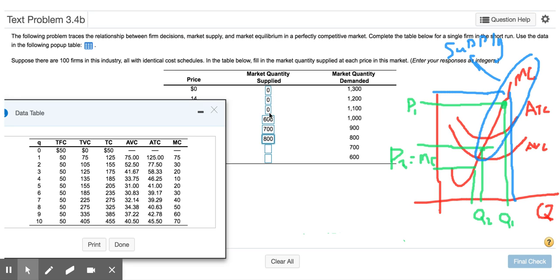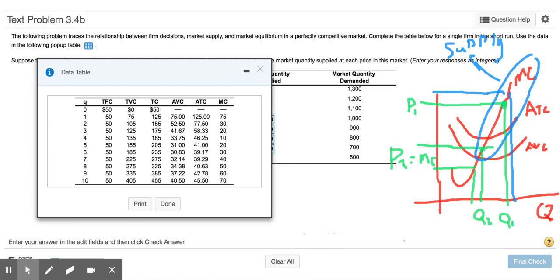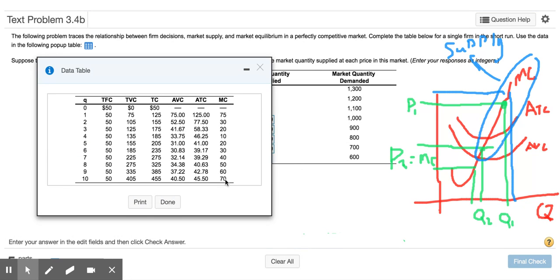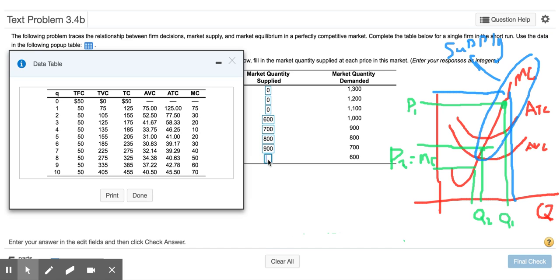Why should these companies be producing zeros? So I'm going to write here 900, and finally, when the price is 74, this company should be producing 10. 100 companies should be producing 1,000. And again, you see that 74 is above both average variable cost and average total cost.